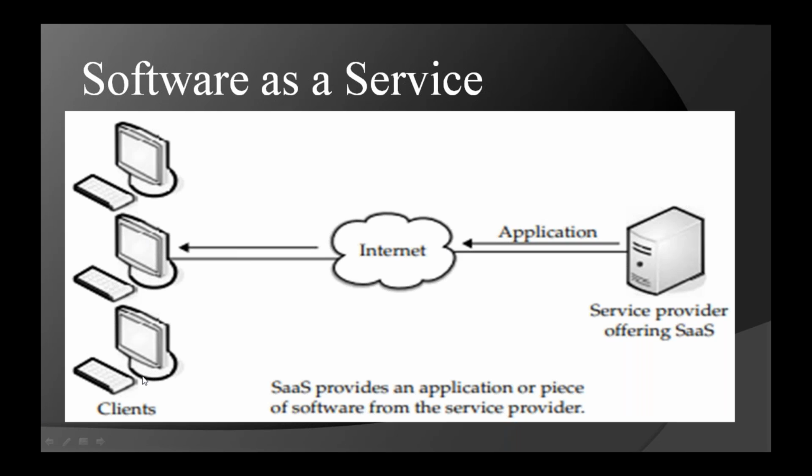What the clients are getting here is a set of applications or a particular application which is meant for, or related to, your organization. You connect to the internet and request the service provider to give an application, and as a response the service provider gives the application and you use it. You're not installing anything, just using the application from the service provider. So this idea I can call software as a service.